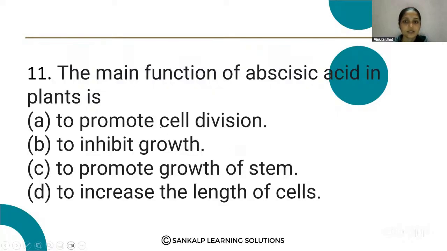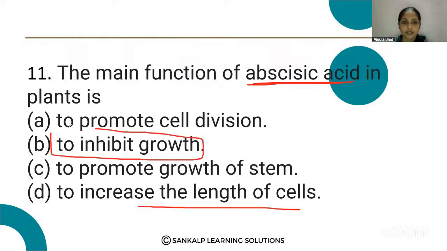Here abscisic acid inhibits the growth of the plant, so that is the correct answer. Option B, to inhibit the growth of the plant.